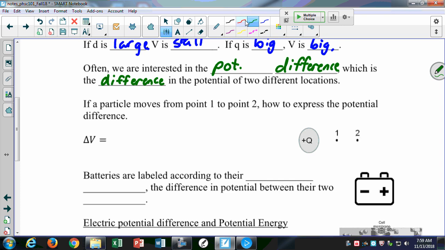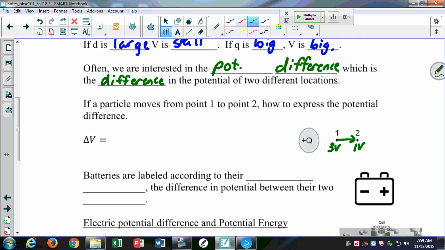So if a particle moves from point 1 to point 2, if I move from here to here, and let's say the potential here is 3 volts, and the potential here is 1 volt, what is the potential difference? It's going to be 2.